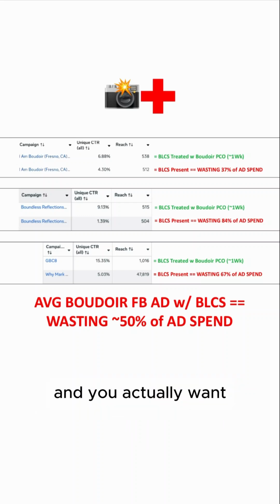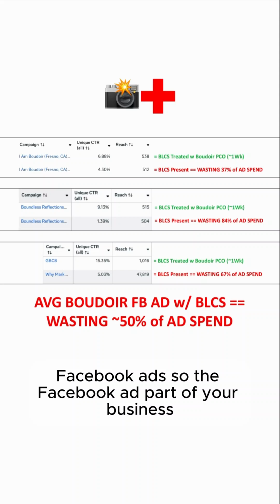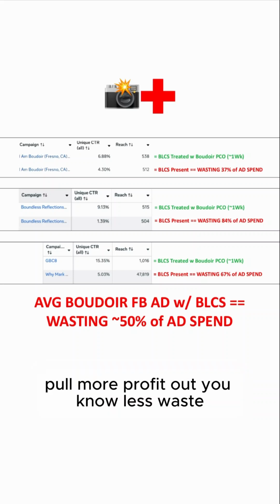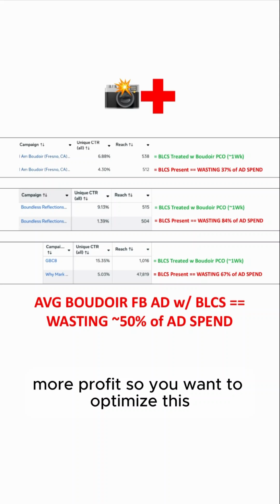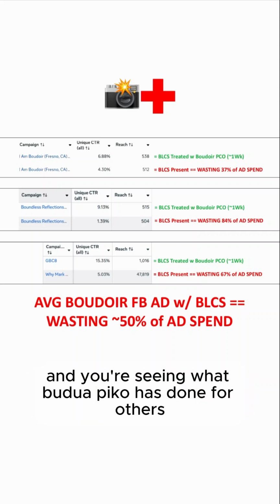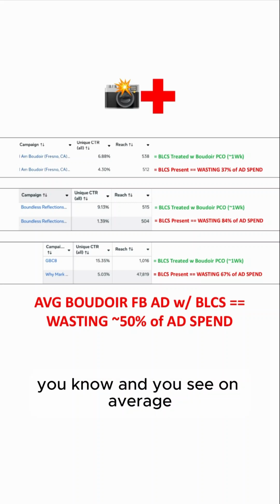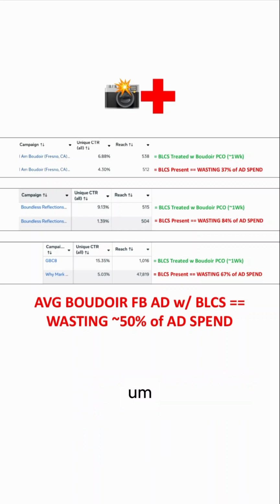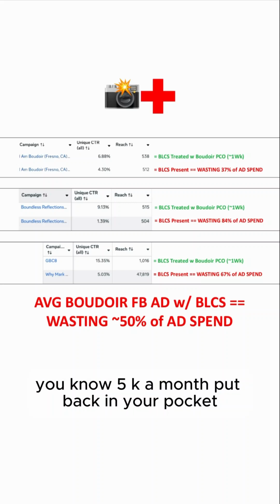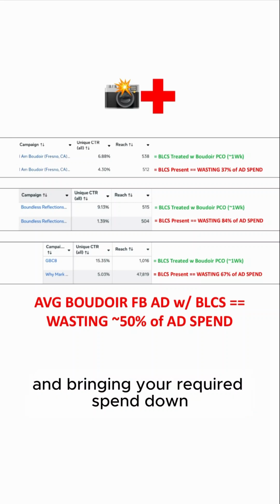You've decided now you need to do the same optimization with your boudoir Facebook ads, so the Facebook ad part of your business: pull more profit out, less waste, fewer inputs, same profit or more profit. So you want to optimize this, and you're seeing what Boudoir Pico has done for others, the Boudoir Pico treatment, and you see on average it can save or eliminate approximately 50%. 5K a month put back in your pocket, approximately 60K over the next 12 months by eliminating the wasted spend and bringing your required spend down.